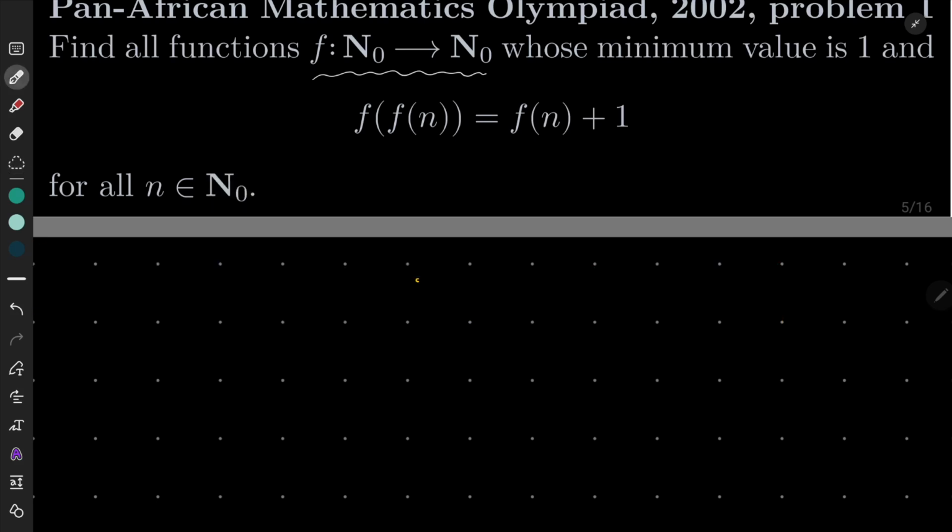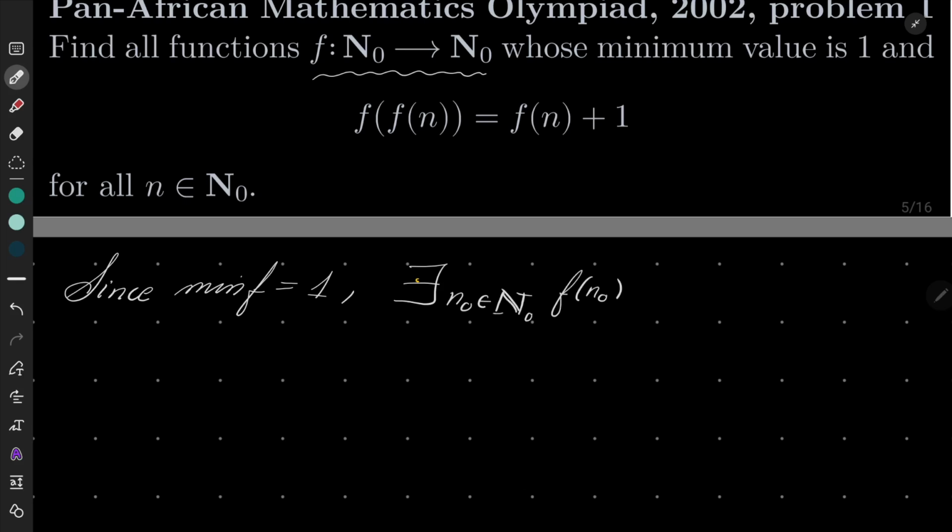Okay, so I hope that you've managed to solve it. As I said, since the minimum of our function is 1, there must be some number such that f of n sub 0 equals 1.